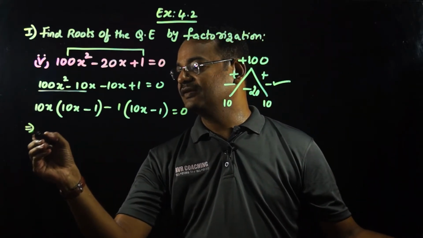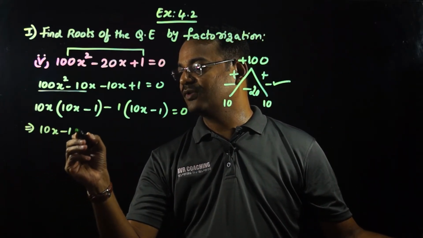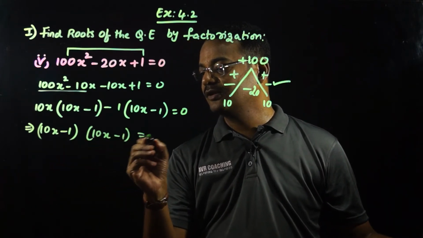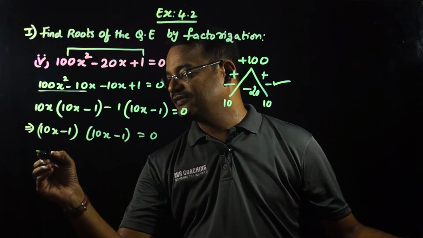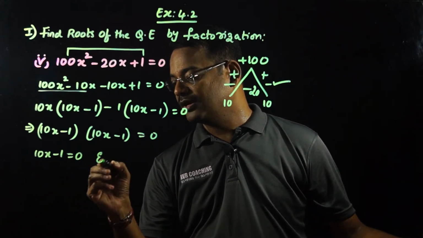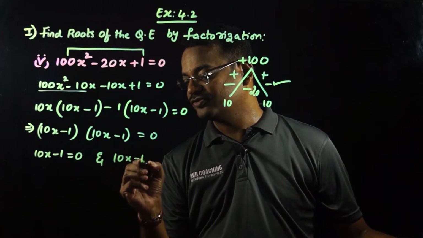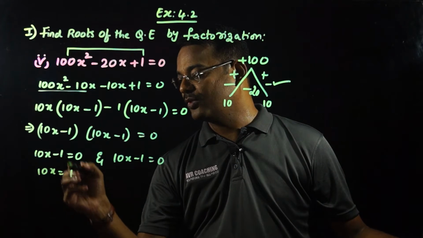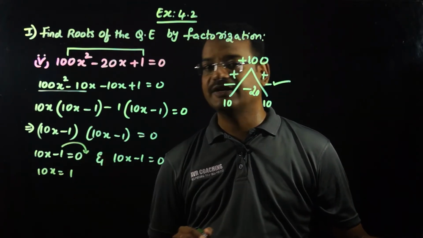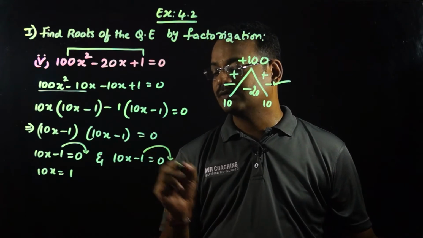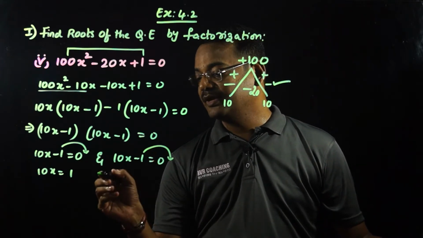So this implies 10x minus 1 and 10x minus 1 equal to 0. This is 10x minus 1 equal to 0 and 10x minus 1 equal to 0. Now minus 1, when it comes to the right hand side of the equation it becomes plus. Here also when minus 1 comes to the right hand side of the equation it becomes plus.